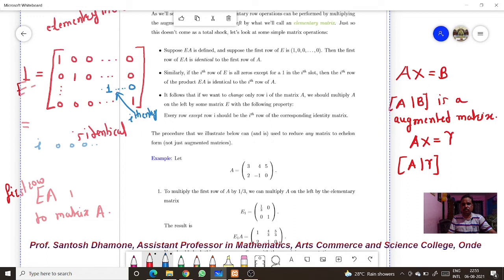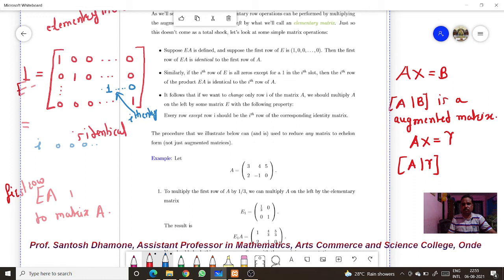What do we get? E1A is equal to the matrix with rows 1, 4/3, 5/3 and 2, minus 1, 0.